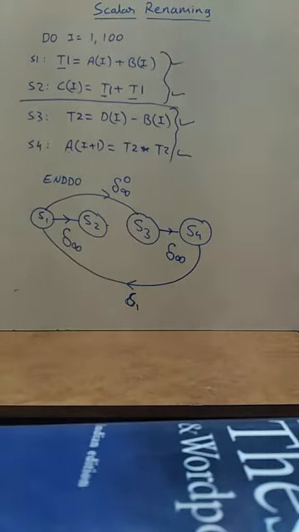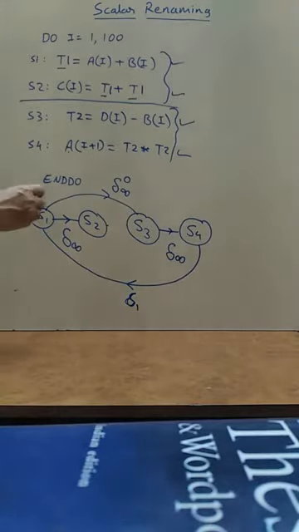Okay, so this anti-dependence which is from S2 to S3 is a special anti-dependence, a loop independent anti-dependence. I'll talk about this later, but here you can clearly see that this dependence can be removed.